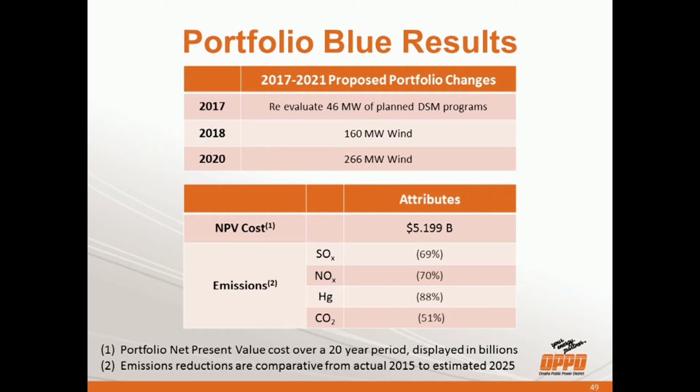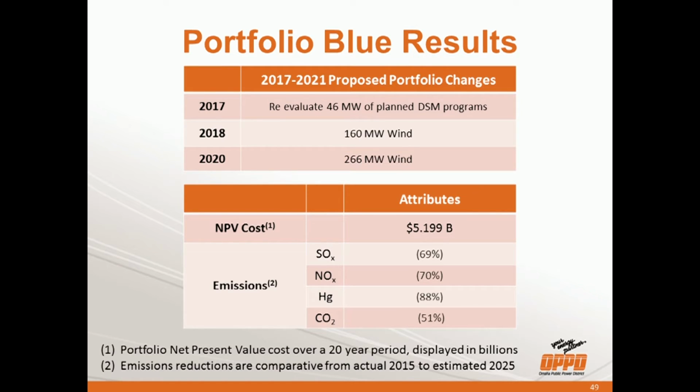And on an emissions perspective, you can see there is a significant and meaningful drop in emissions. That data is comparative from the end of 2015 actuals to a midpoint in the 20-year period. We picked 2025 because it was a clean 10 years from 2015 to 2025. So we're pleased to see potentially that drop in emissions associated with this portfolio.